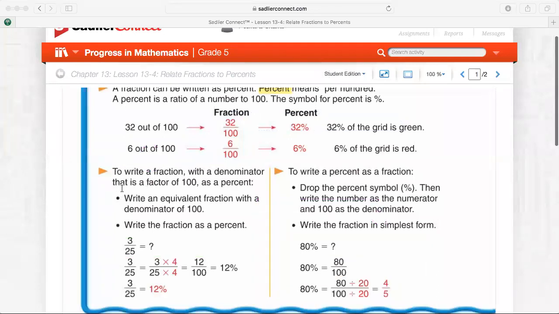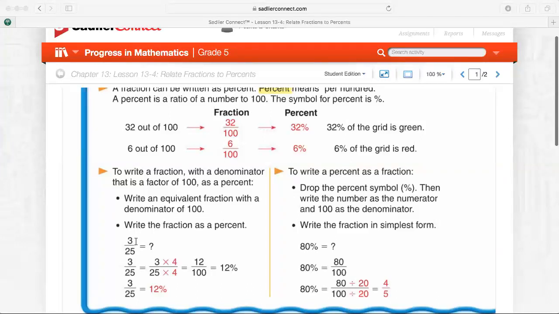This is the first part here on the left. To write a fraction with a denominator that is a factor of 100 as percent, write an equivalent fraction with a denominator of 100.